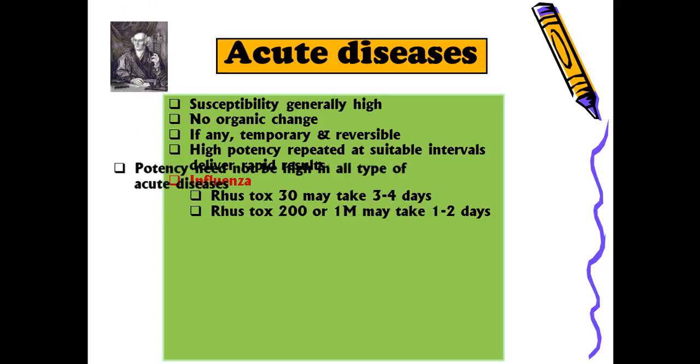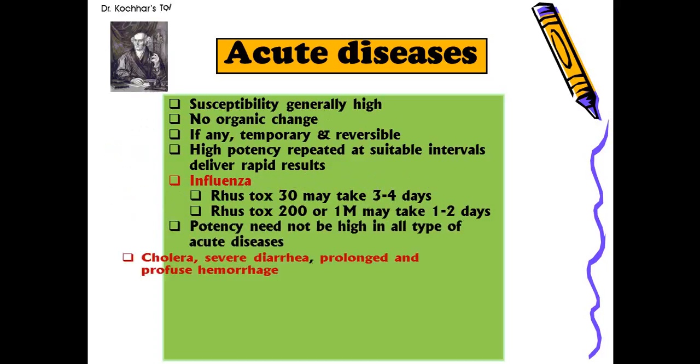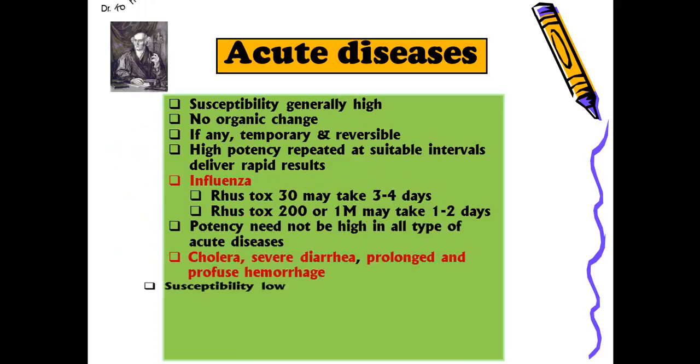We are talking of potency, no? Then potency need not be high in all types of acute disease. How? Because say cholera, severe diarrhea, prolonged and profuse hemorrhage, where the vitality is low. Here the vitality is low, susceptibility is low, and therefore use 3, 6, 12 or 30. Low potency has got to be used here.